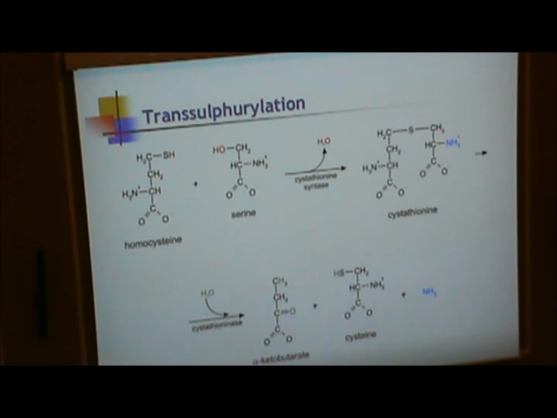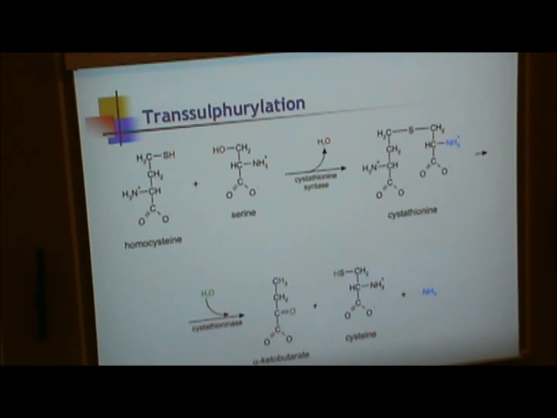It loses the amino group in the form of ammonia. This bond is split. This fragment is converted into alpha-ketobutyrate, and this fragment is converted into cysteine.